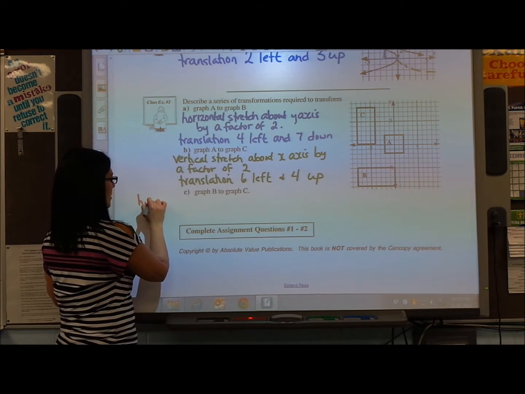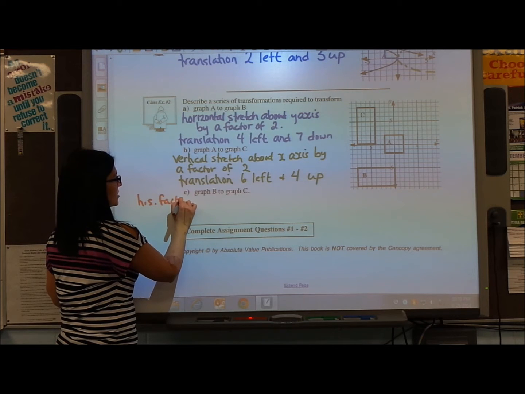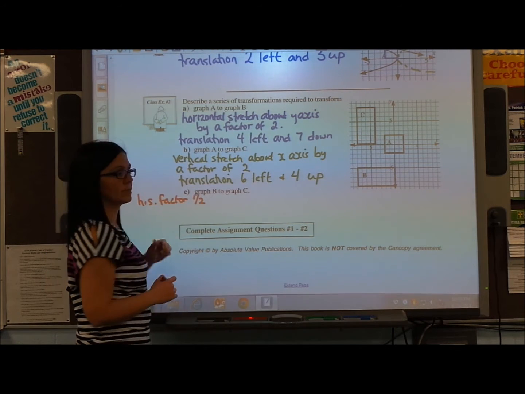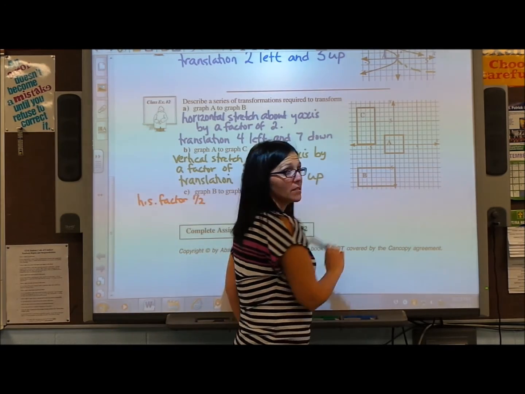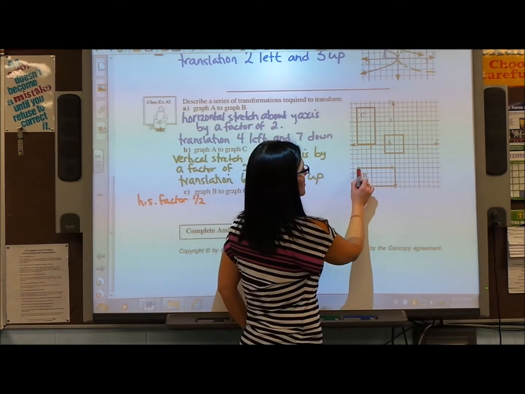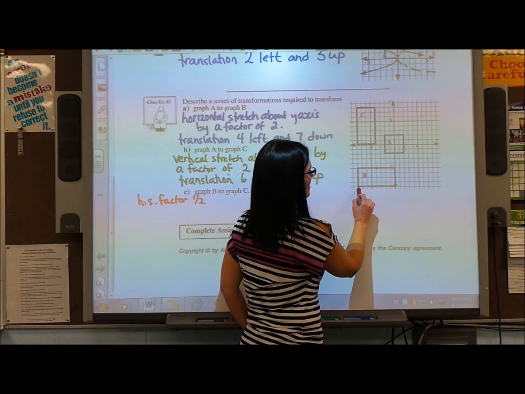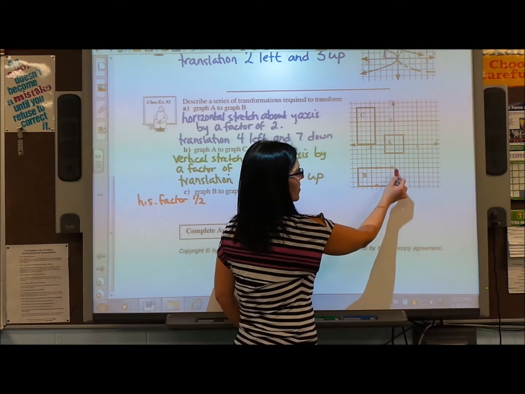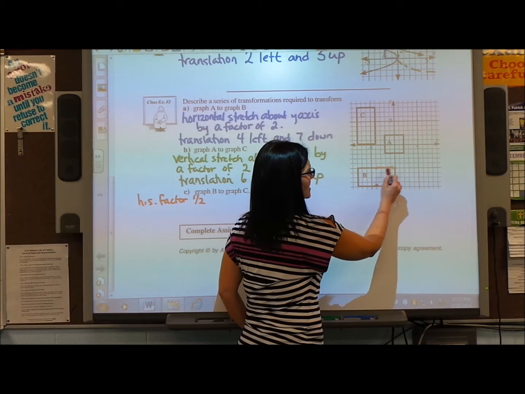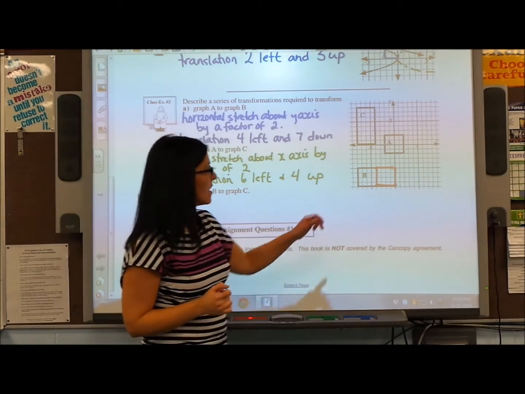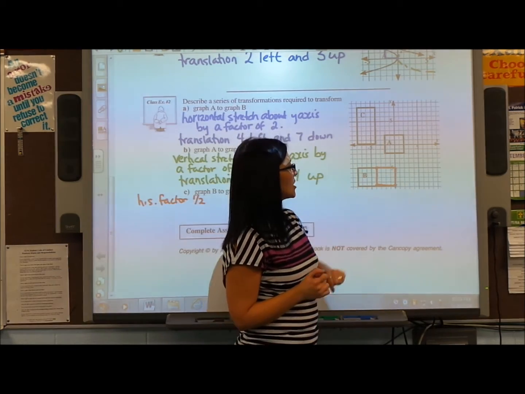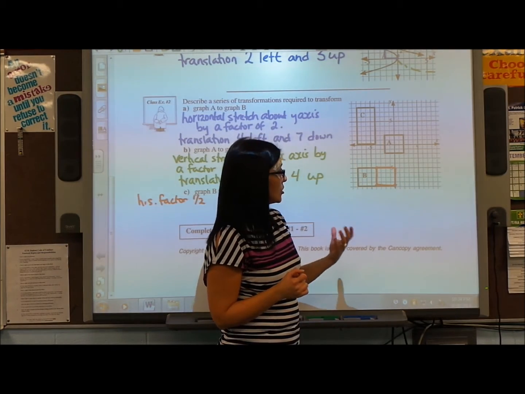So if I do that, it's my x coordinates that are becoming 1/2. So this 8 becomes 4, or -4. These are on 0, so they're going to stay at 0. There's my first picture.